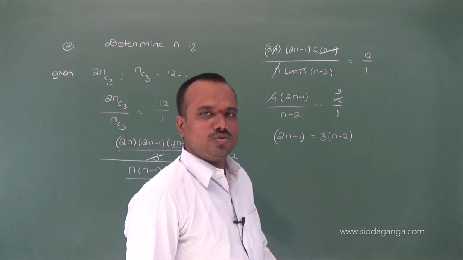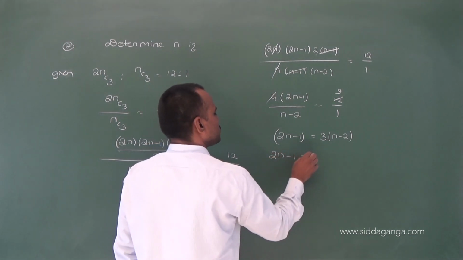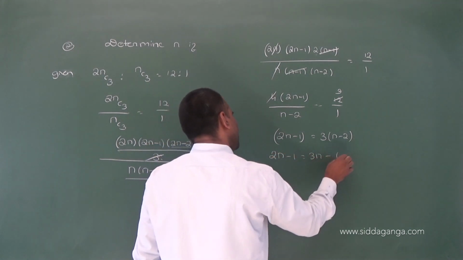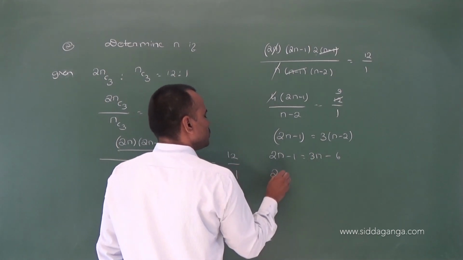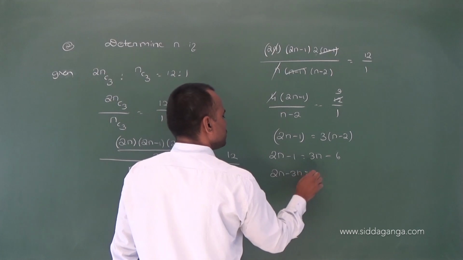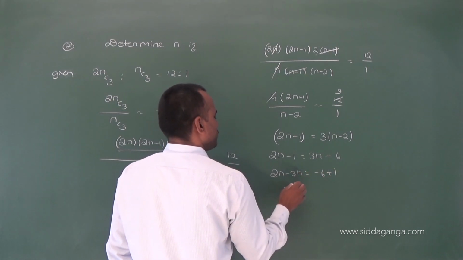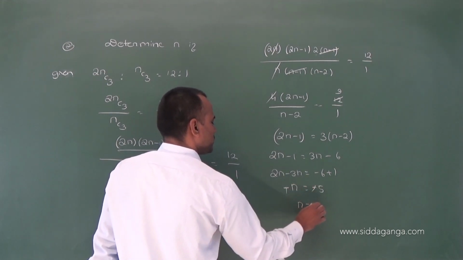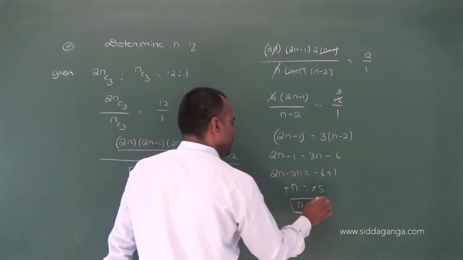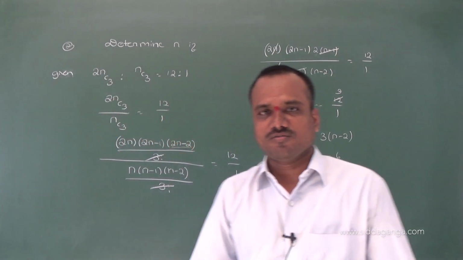Multiply: 2N minus 1 equals 3N minus 6. Shifting 3N from right side to left side, 2N minus 3N is minus N, and minus 1 plus 6 is 5. Minus N equals minus 5, so N is equal to 5. Observe this simplification, very important.